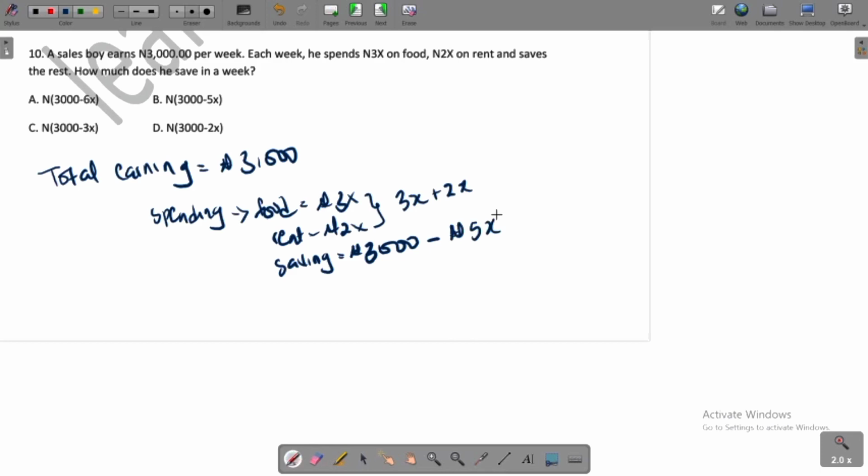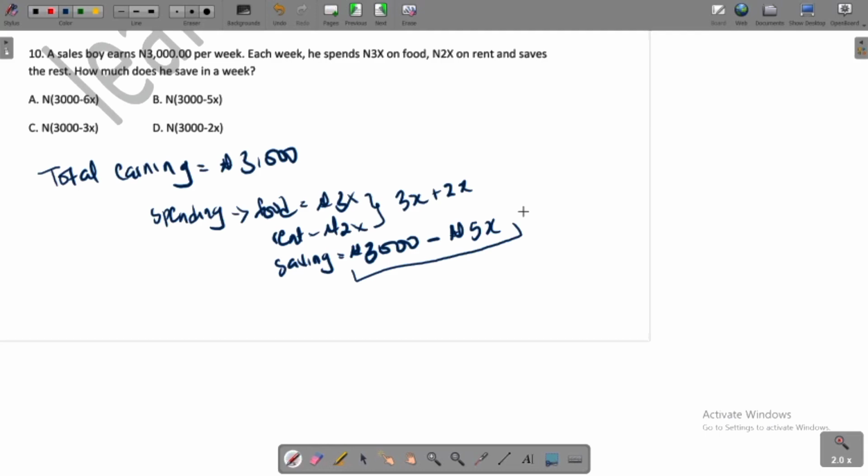Now we are asked how much does he save in a week? So this is the amount he is saving in a week. That is 3,000, and you subtract 5x there, because we are not told what the x stands for. If x stands for 400, we have 5 times 400, which is 2,000. That's for example.